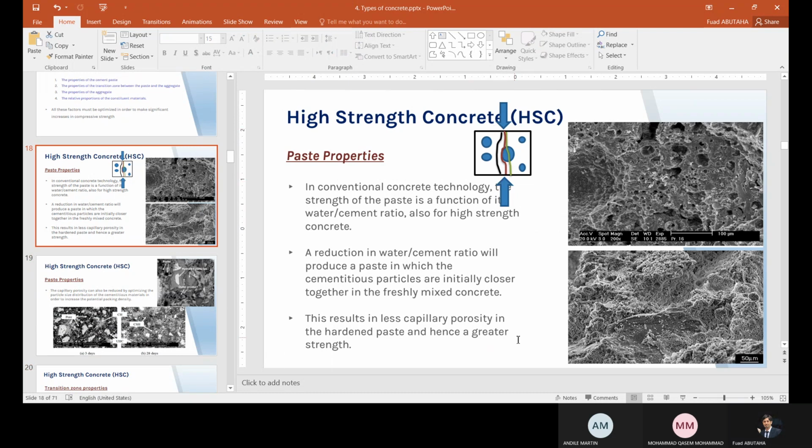So normally, when you have the opportunity to do this in the lab, after the specimen fails, you take it out, split it into two parts using your hand, and look at where the failure is, from which part the crack happened.